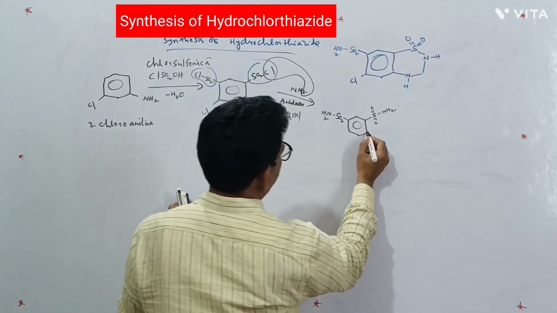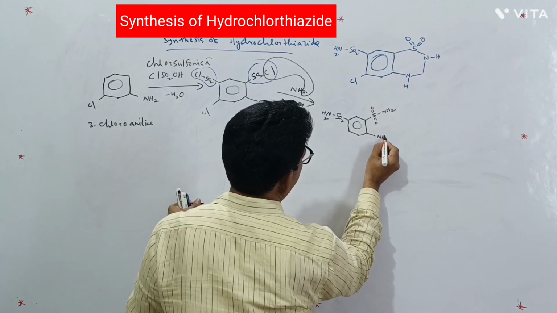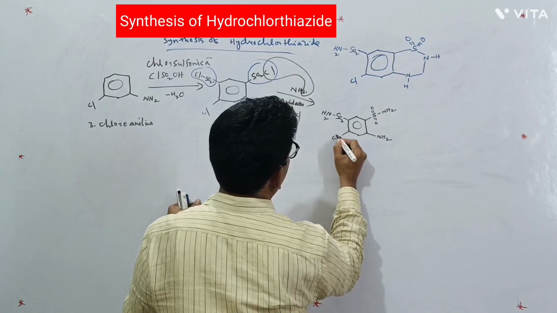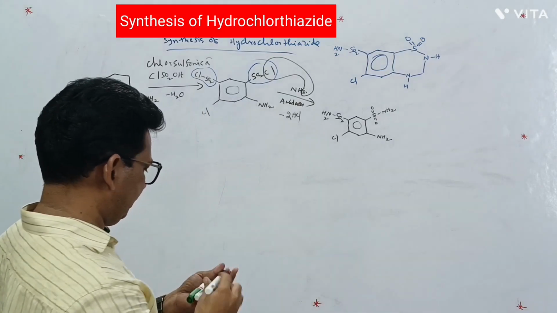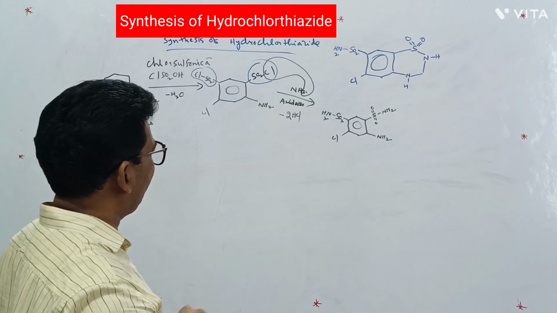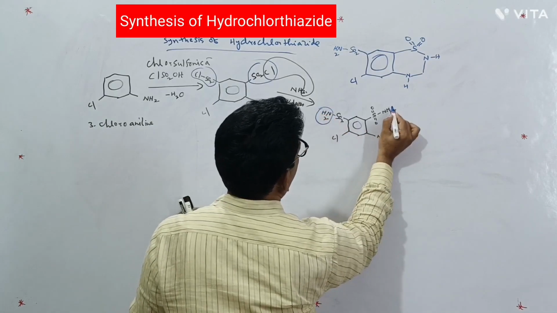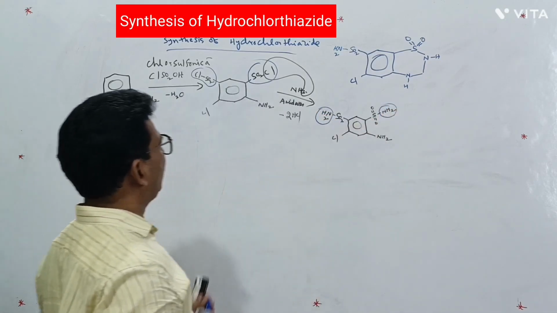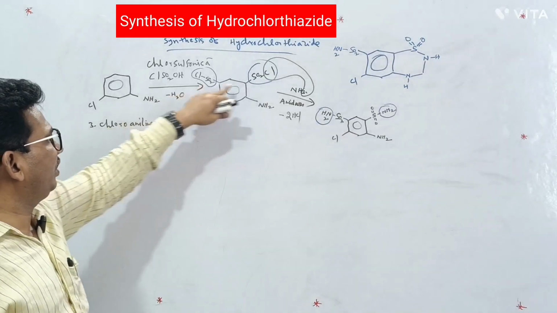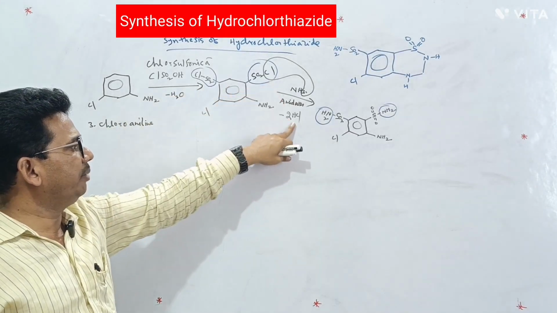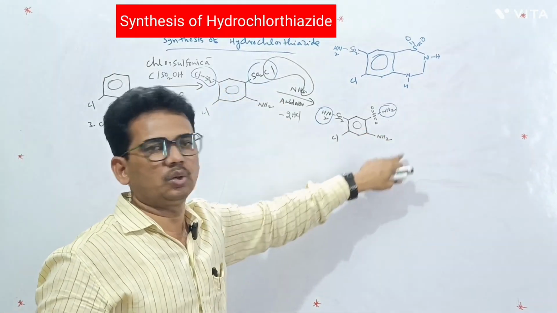Okay, here it remains which group? Amine group. Here chlorine group. Just see what new thing amidation, what we got new thing here, this amine group and this amine group. These two are the new thing. Here the sulfonyl chloride group, then it undergoes the amidation to produce the amino group.